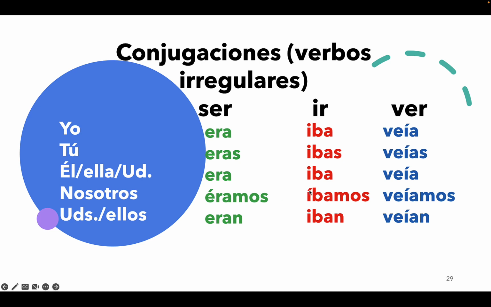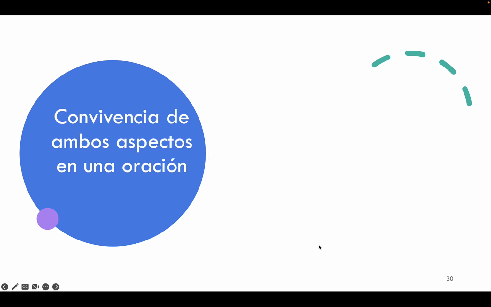Una vez más, necesitamos la tilde en la forma de nosotros, en este caso en particular en la I. Y ver, finalmente, yo veía, tú veías, él, ella, usted veía, nosotros veíamos, ustedes, ellos veían. Todas sus formas necesitarán una tilde en la I. Entonces recuerden, simple y sencillamente son 3 los verbos que van a reflejar irregularidades.